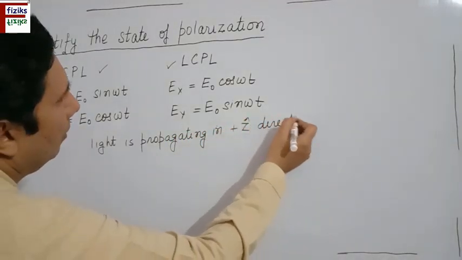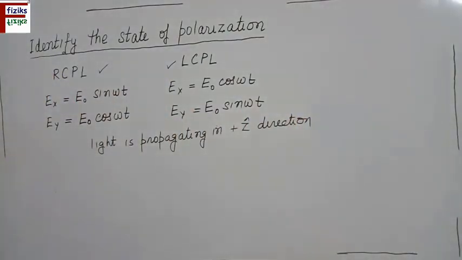So you have to remember these two examples for RCPL and LCPL when the light is propagating in plus z direction. If light is propagating in minus z direction, then they will be interchanged. So you can use these examples.